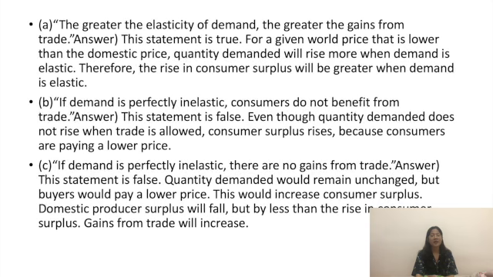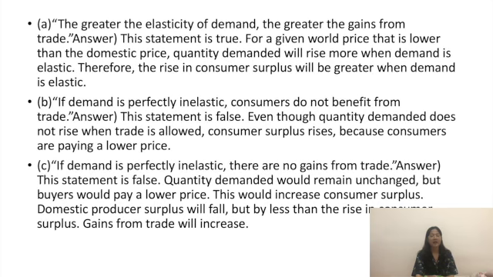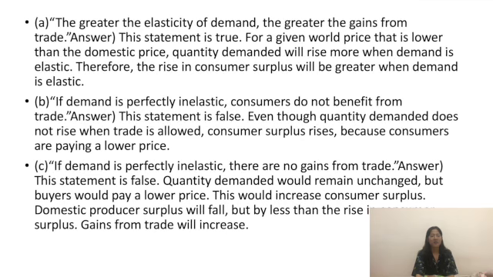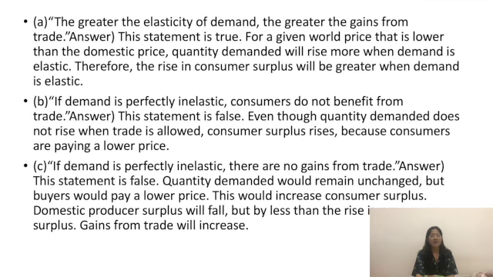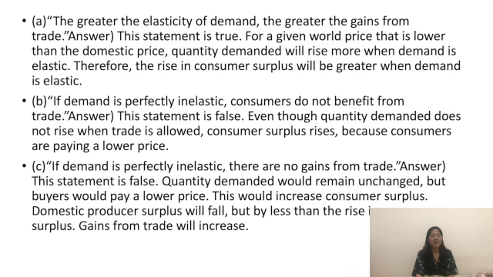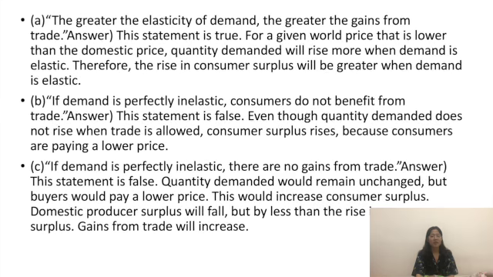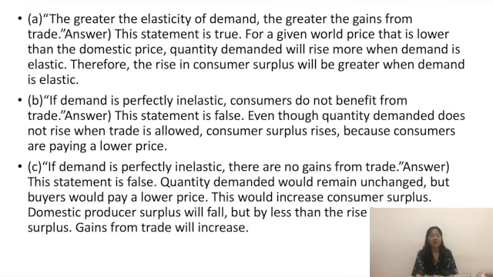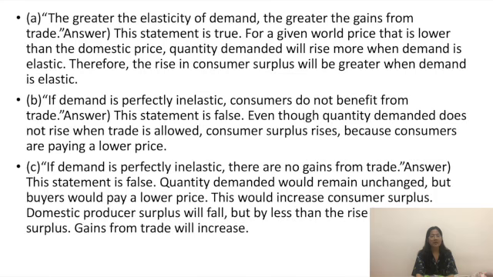B. If demand is perfectly inelastic, consumers do not benefit from trade. This statement is false. Even though quantity demanded does not rise when trade is allowed, consumer surplus rises because consumers are paying a lower price.